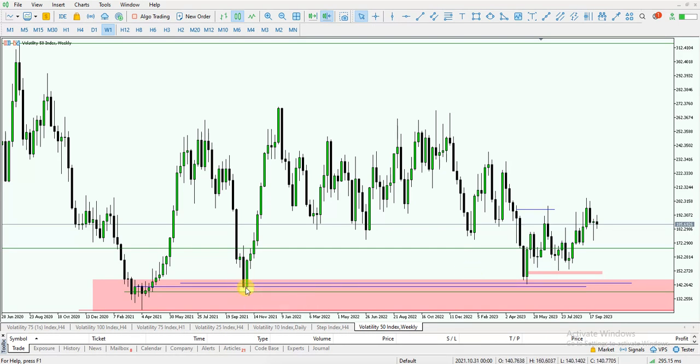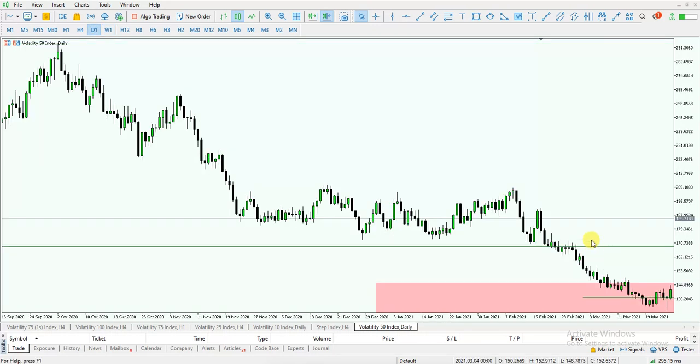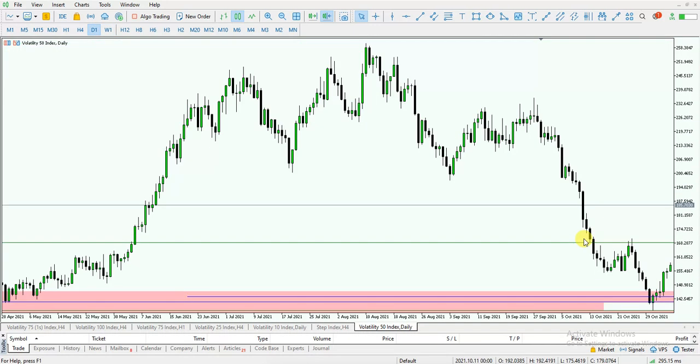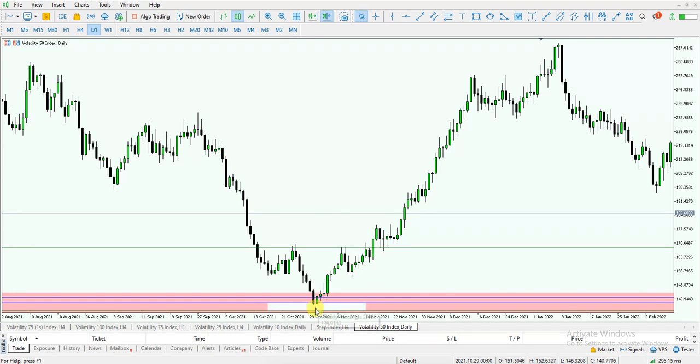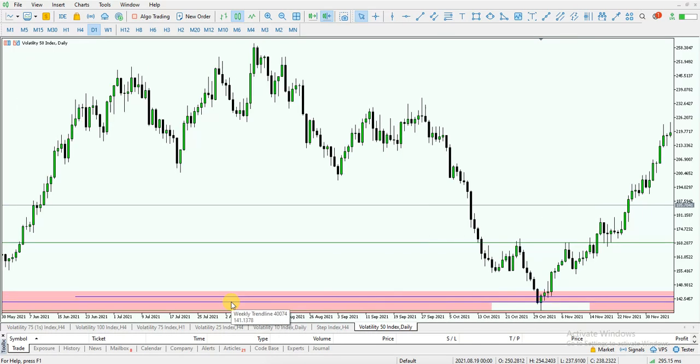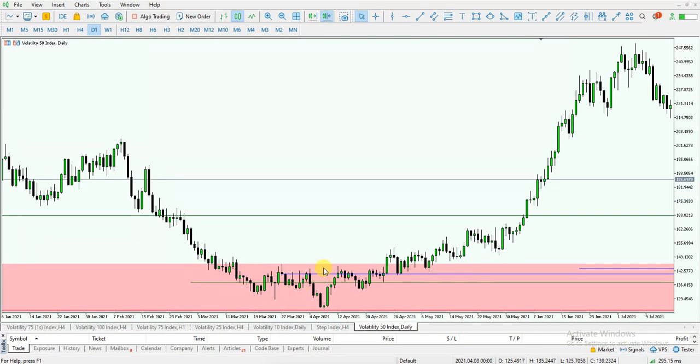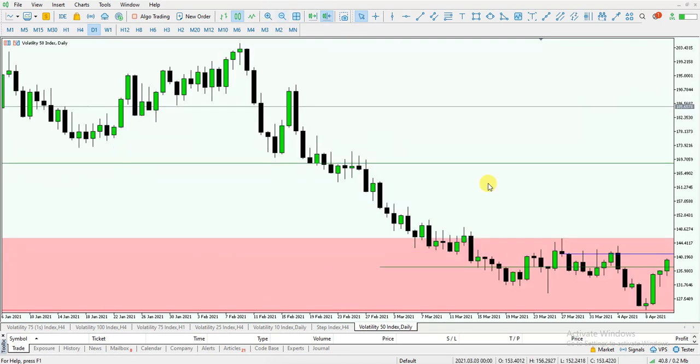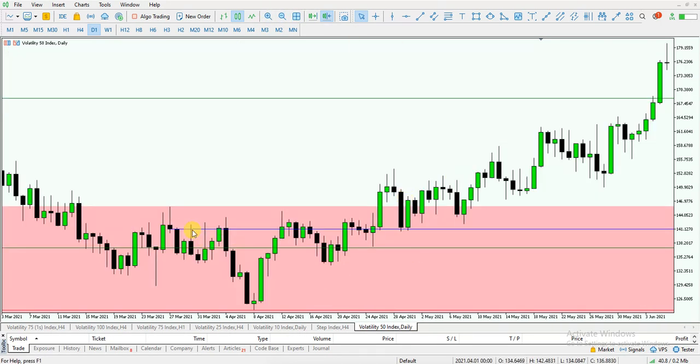I wanted to see what exactly happened here on the daily, so let's go down to our daily. So beautifully on the daily time frame, this is what happened here. It was just some form of rejection with the wick of the candle trading into the weekly order block. Okay, and in the weekly order block, if you redefine it to the daily, you have some different story altogether in here.